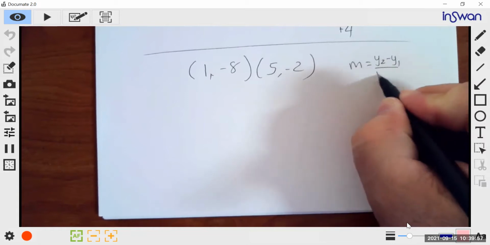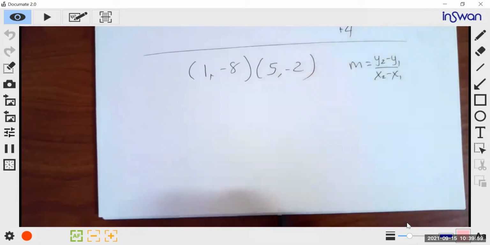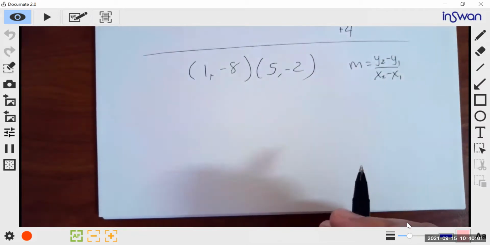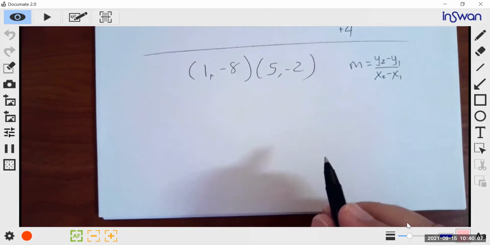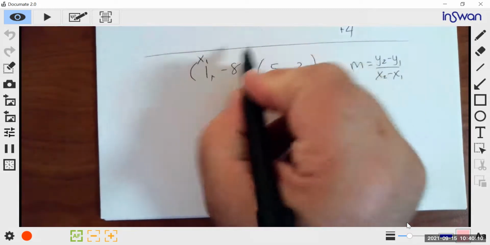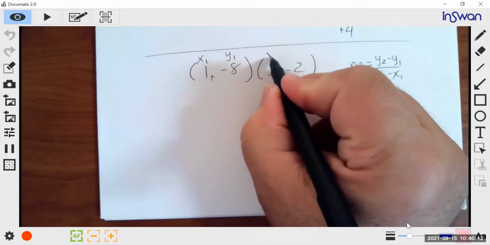It helps to memorize these formulas. Told you all 3 weeks ago to do that. It should make life easier for you. Label the points.